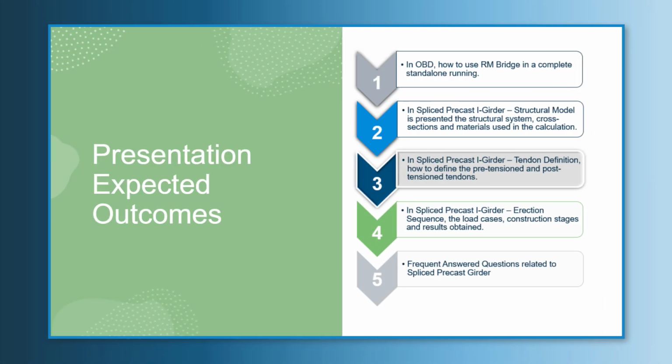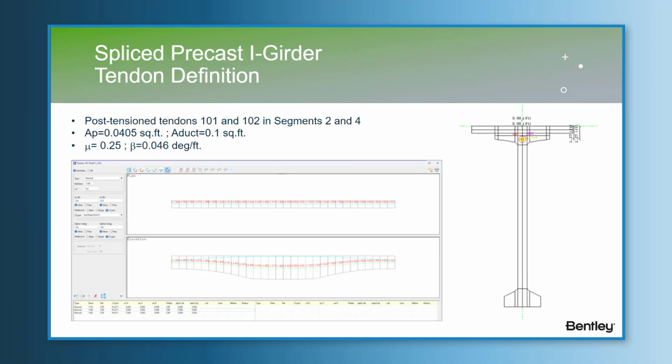Now let's see part 3, spliced precast girder tendon definition. In this chapter, we are going to talk about the tendons defined in our model. Here we have one first tendon installed on stage 03 on segments 2 and 4.